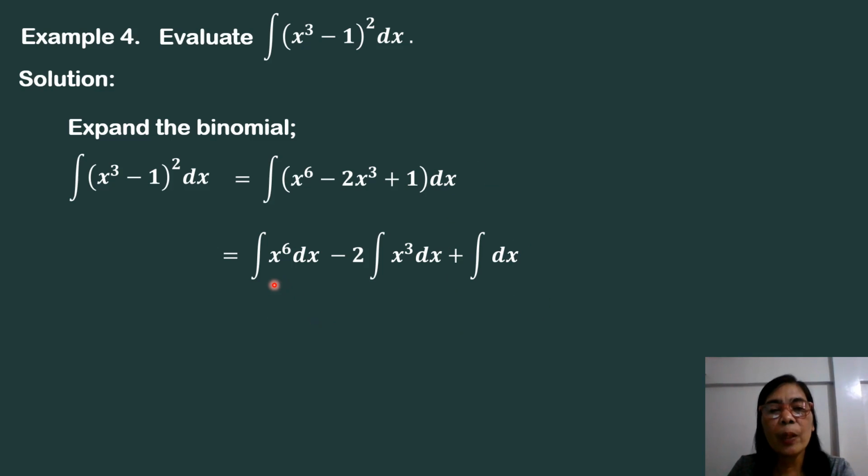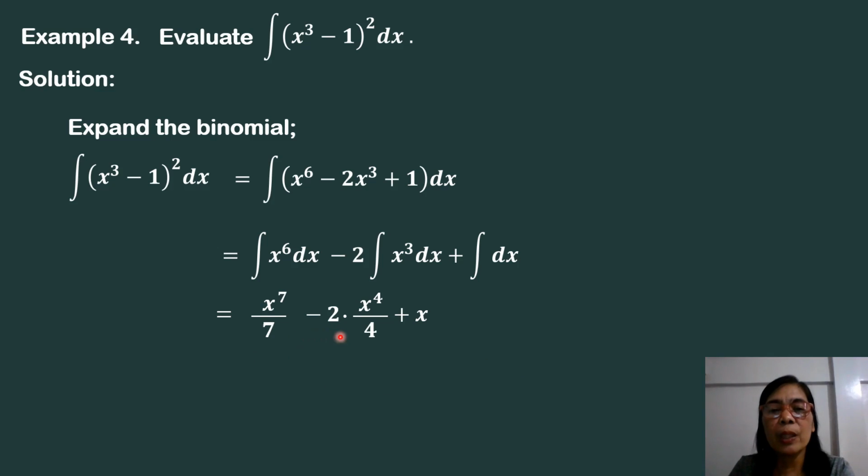Here we can now apply the power formula in the first term, and that will give us x raised to 6 plus 1, which is 7, over 7, minus 2 times, our n is 3, so 3 plus 1 is 4, x raised to 4 over 4, plus the integral of dx, which by the definition of indefinite integral is x.